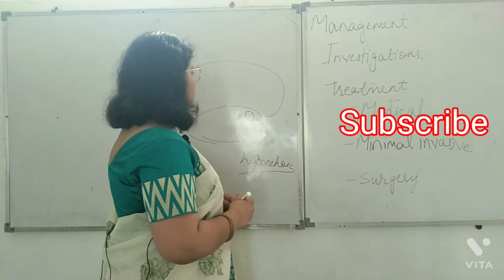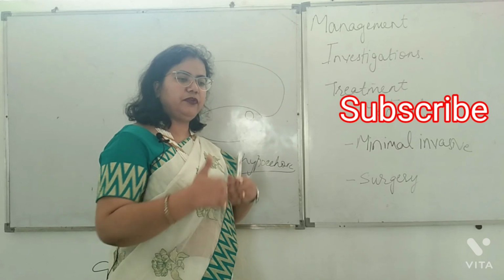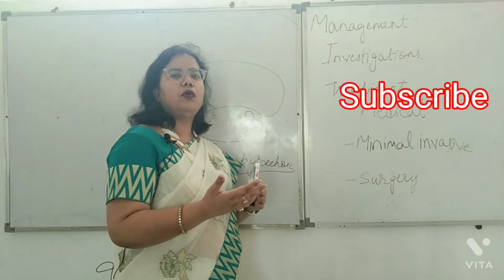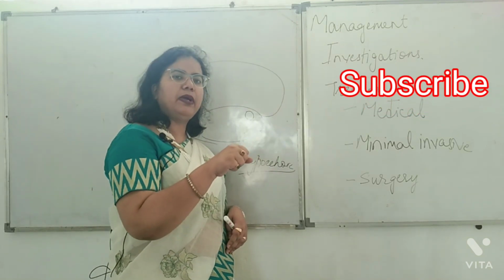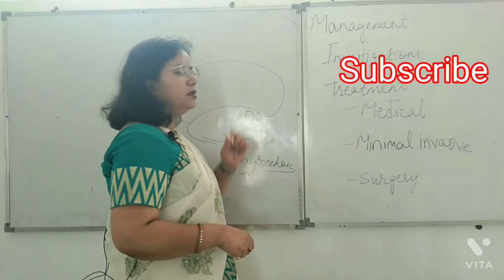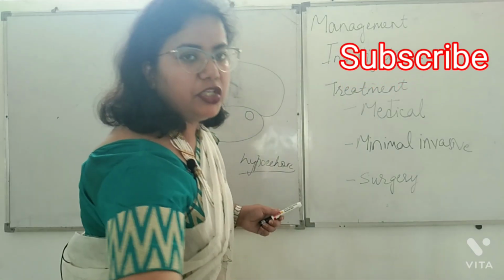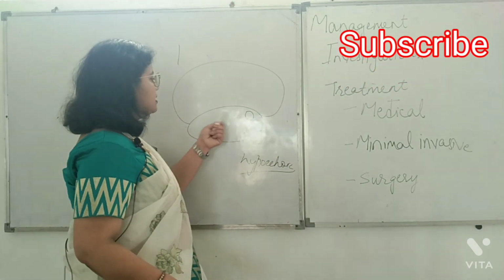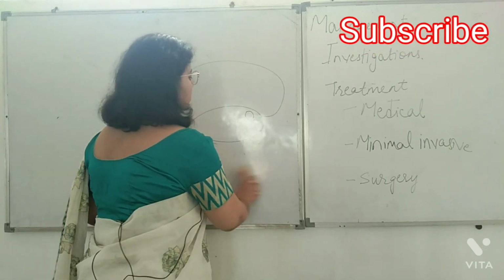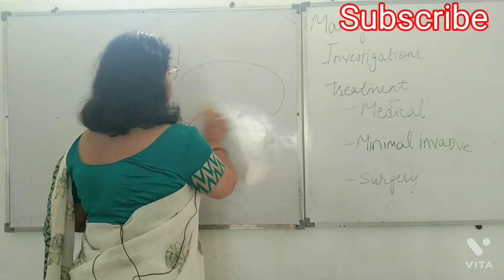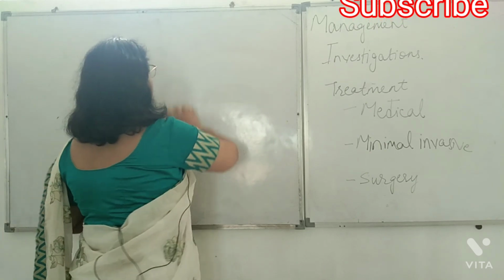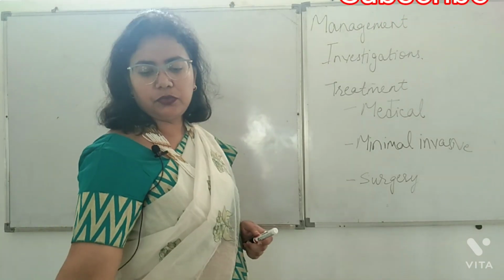Always remember, it will be hypoechoic, meaning it is reflecting less of the sound waves back to be picked up by the probe, so it looks blackish, more black as compared to the remaining musculature. So this is the ultrasound feature you get once you have confirmed.